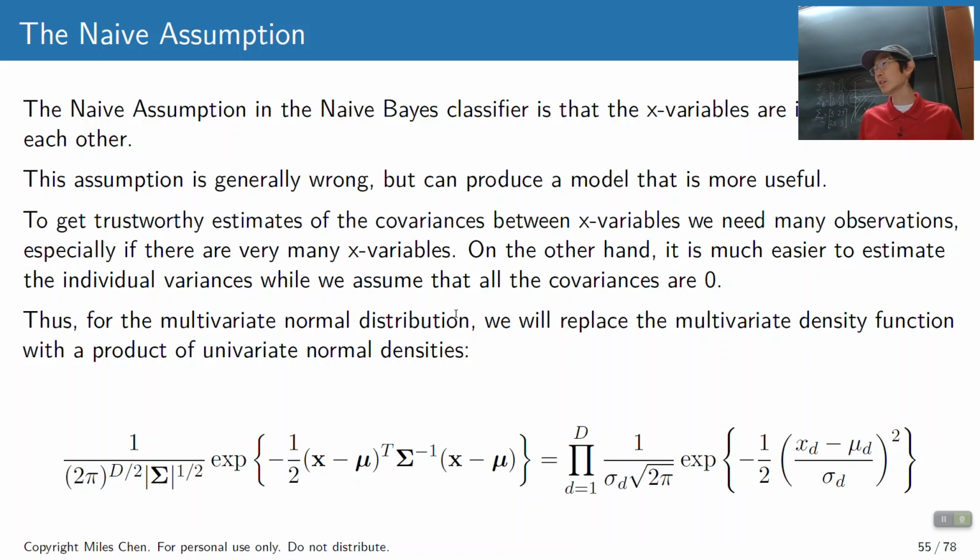And if you only have a couple observations and you try to estimate your covariance based on just a few observations, your covariance estimates could be really wrong, and that might end up messing up the performance of your predictions because your covariance estimates are just very wrong. And so instead you just say, hey, everything has a covariance of 0. And that's certainly wrong, but certainly it makes our things easier to calculate.